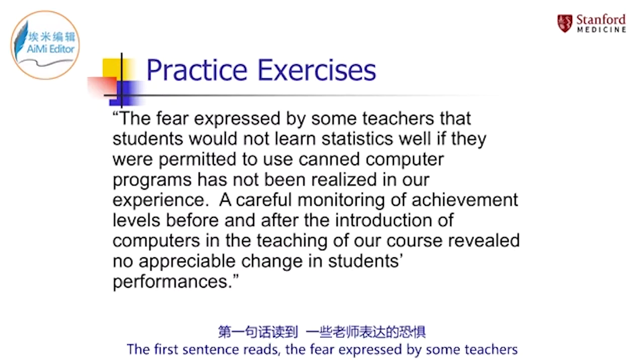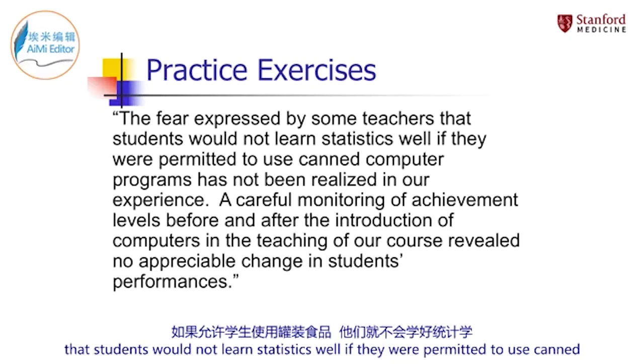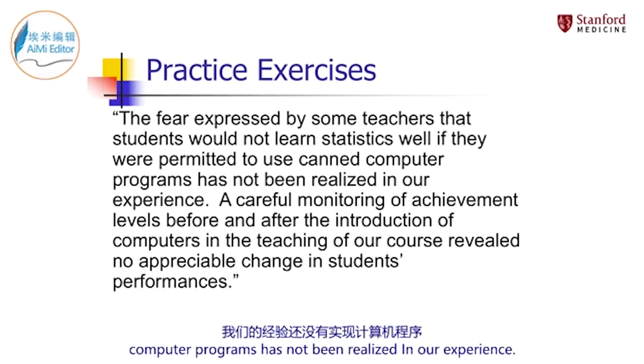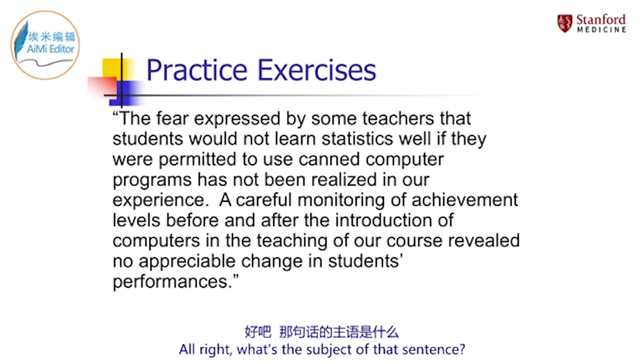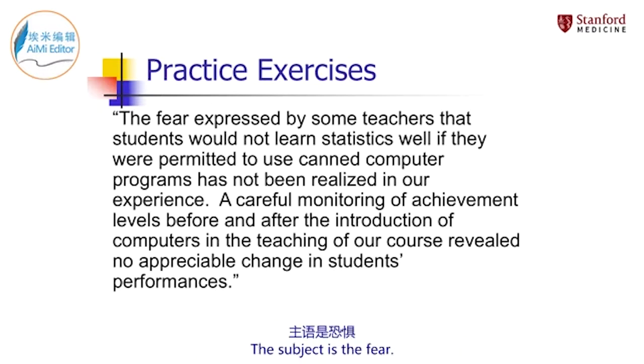The first sentence reads, "The fear expressed by some teachers that students would not learn statistics well if they were permitted to use canned computer programs has not been realized in our experience." All right, what's the subject of that sentence? The subject is the fear.